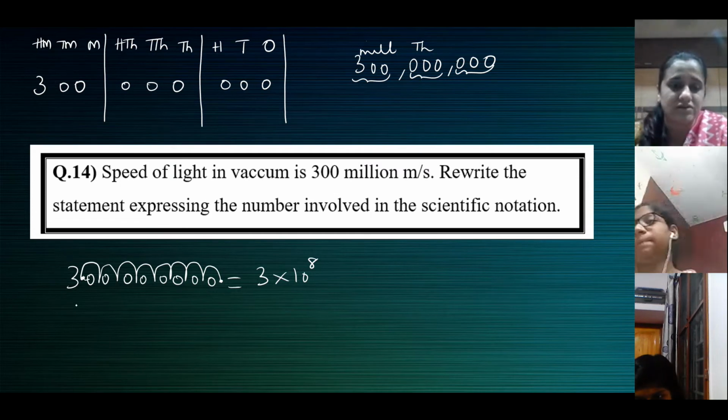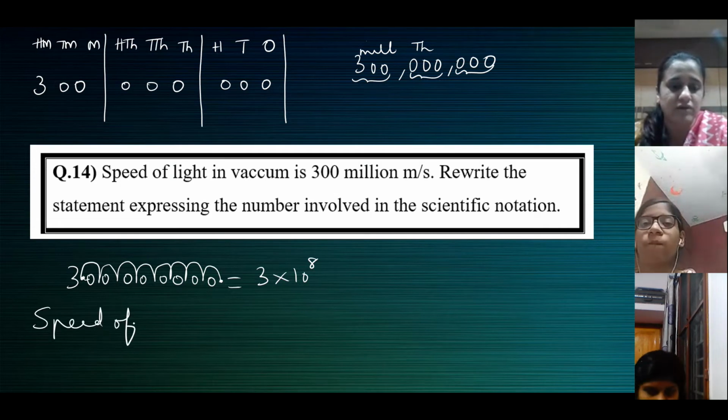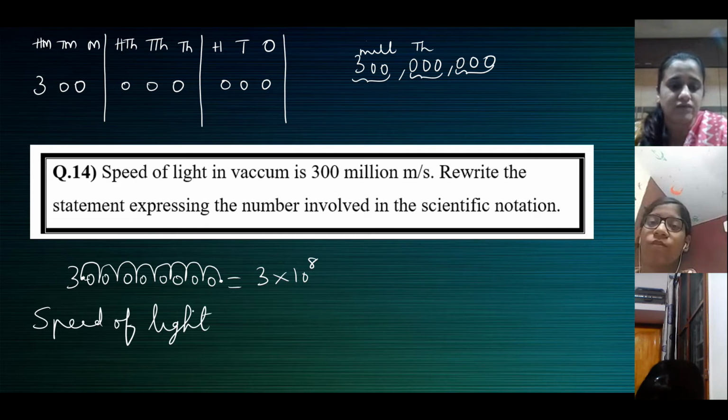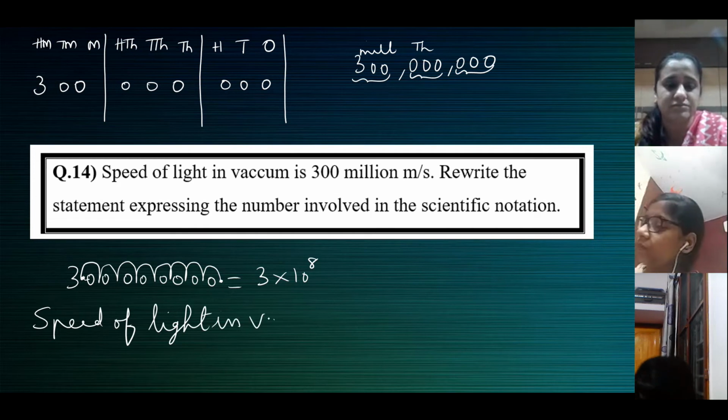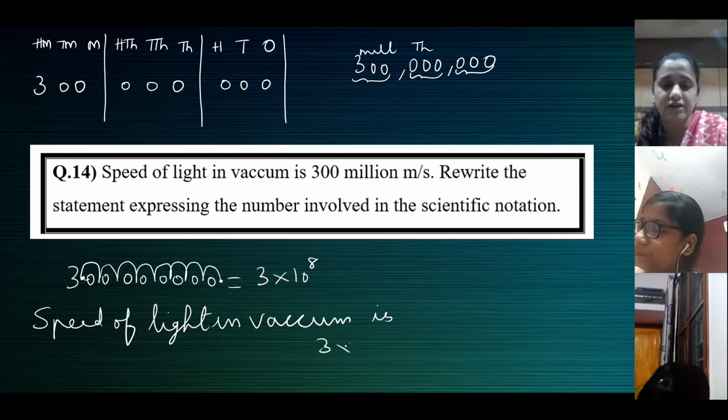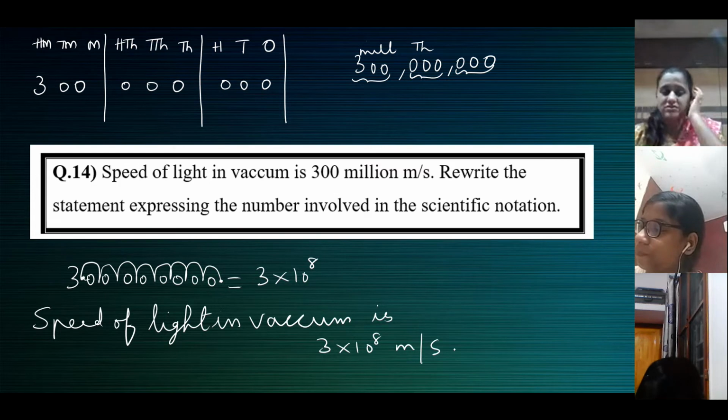You must rewrite this statement. So you must leave your answer like this. Speed of light in vacuum is 3 into 10 to the power 8 meter per second. You must leave your answer like this.